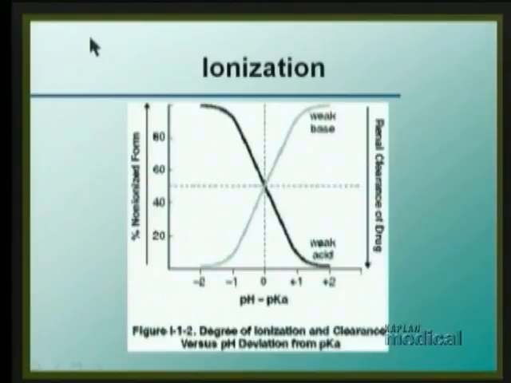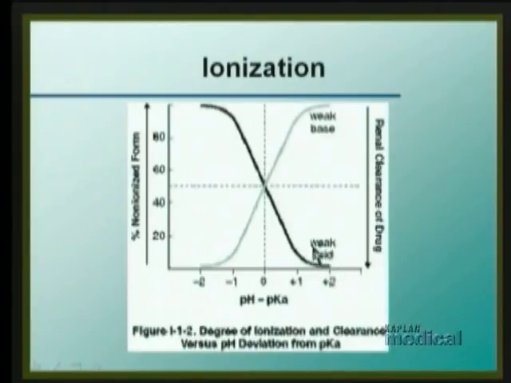And what happens to the weak acid in acidic medium? As you go to the right of the diagram, the medium becomes more and more basic, and the drug becomes less and less unionized, to the extent that to the bottom right of the diagram, that weak acidic drug is now very well cleared, because it is no longer non-ionized, rather it is ionized and water-soluble.